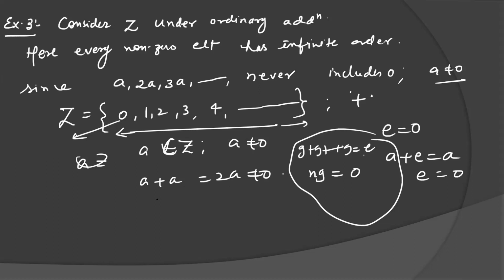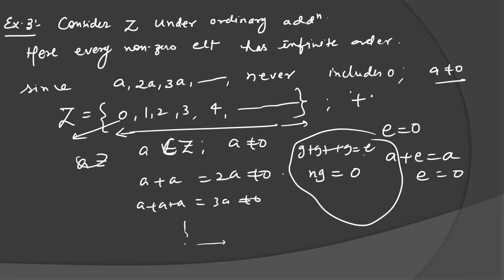But if you add 2 times, it is not equal to 0. If you add 3 times, it is again 3a, that is not equal to 0. So we are not getting any integer n for which if we add a n times, that will give you the identity element or 0, because a is non-zero here. But in the case of modulo, we get 0 due to remainder only, because in that case we consider only the remainder part.